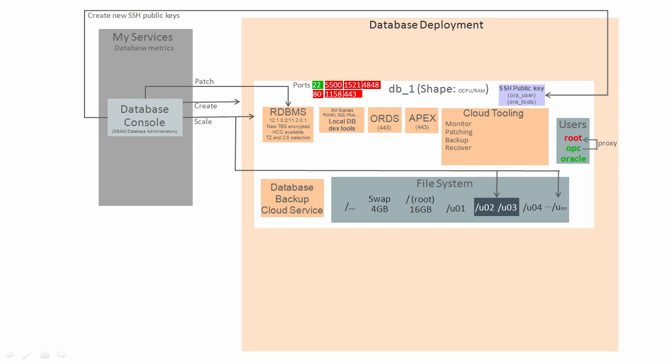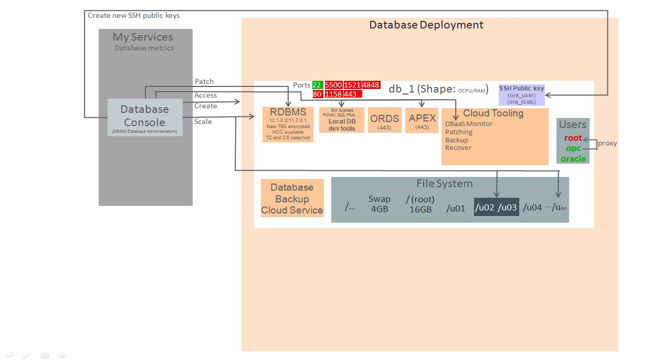Another important operation that is automated from the database console is database patching. You also have the possibility to access directly from your database console the EM Express console as well as the Apex console and database monitor.